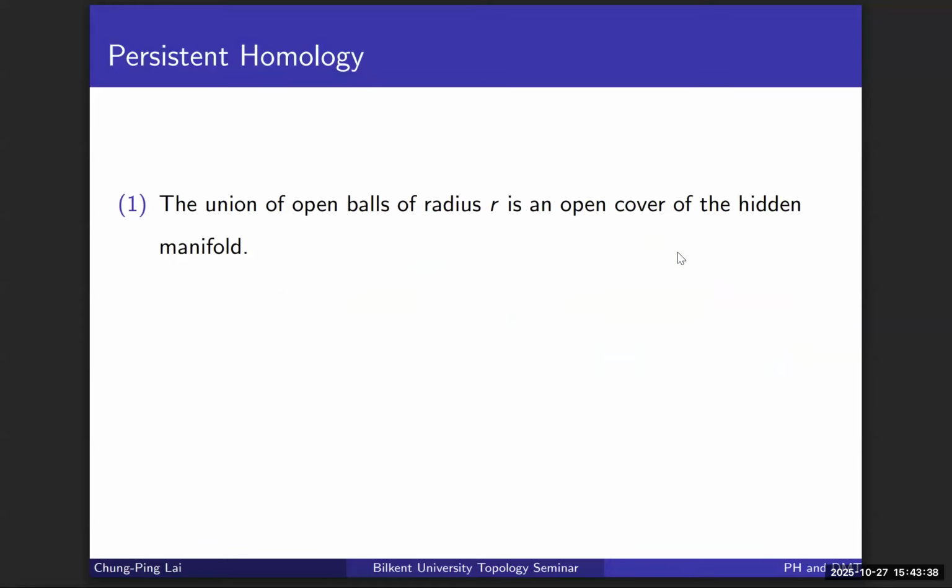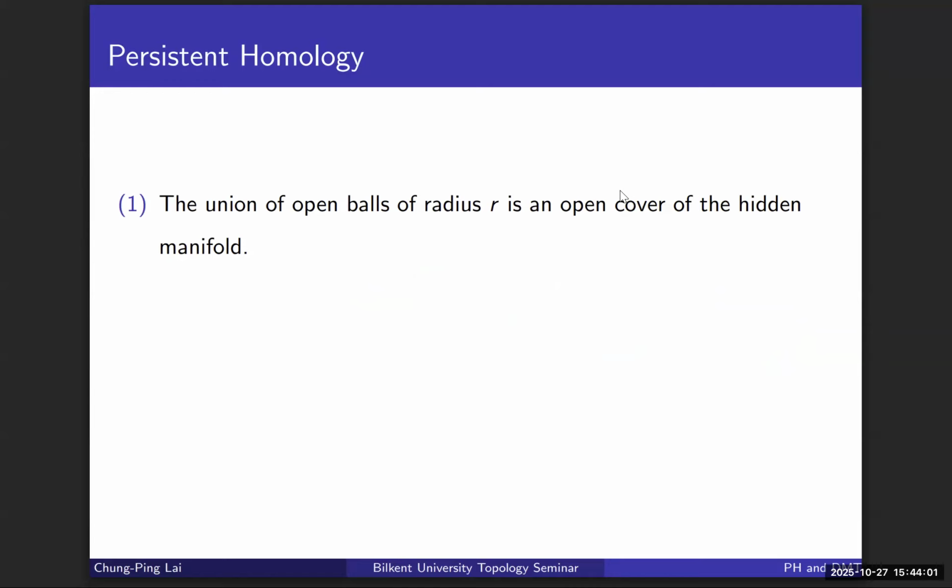Here is the part where I'm going to be a bit hand-wavy, and just go through the rough idea of the mathematical justification for the definition that will be coming. The first step, we look at the union of open balls at a particular radius r.